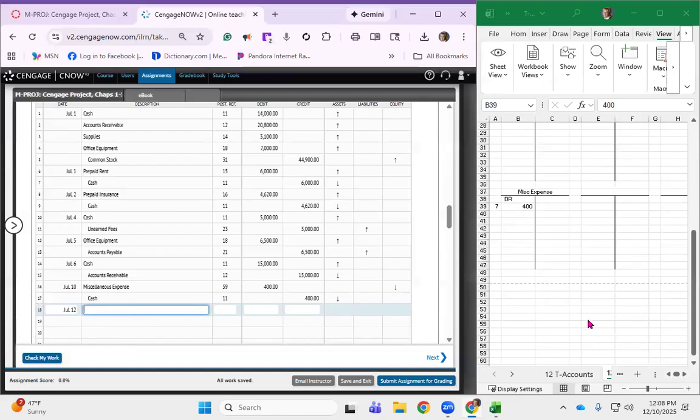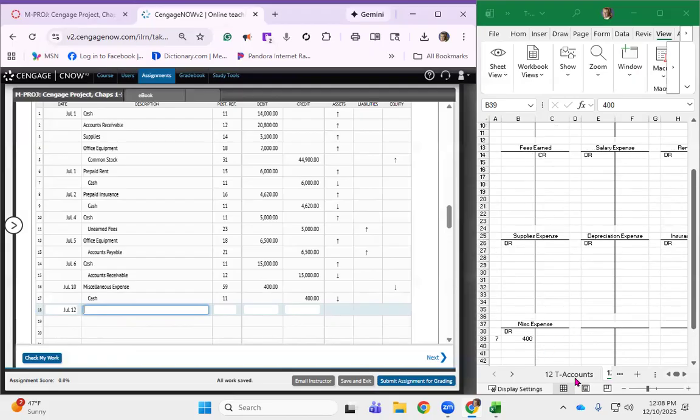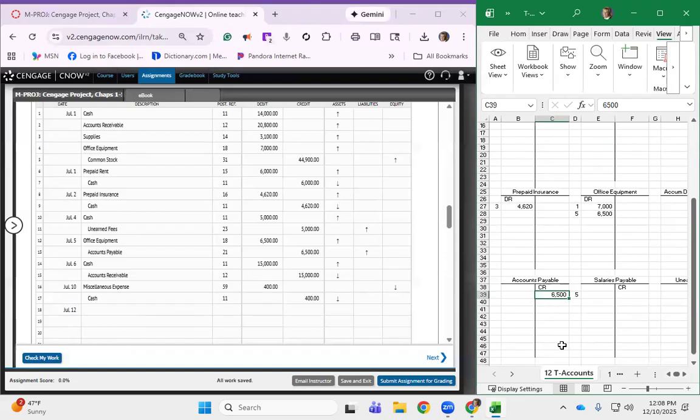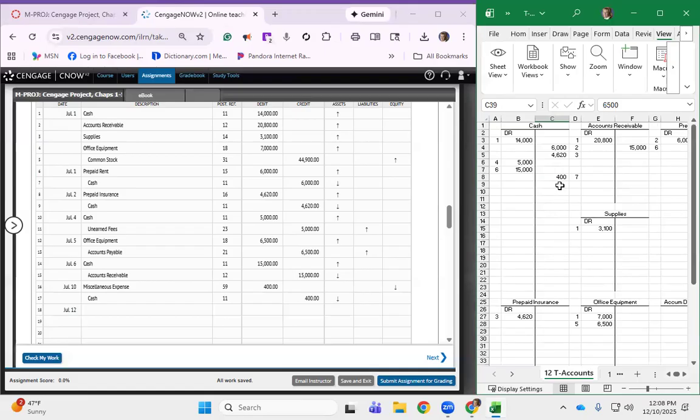So accounts payable, let's look at that one. Accounts payable is when we bought whatever we bought from Office Station Company. So we're going to make a payment to them. So down goes cash for $5,200.